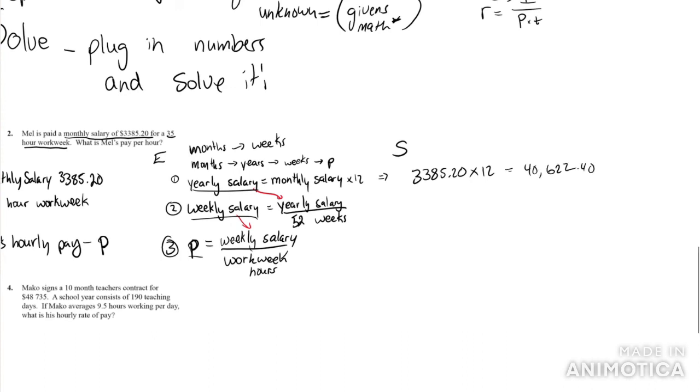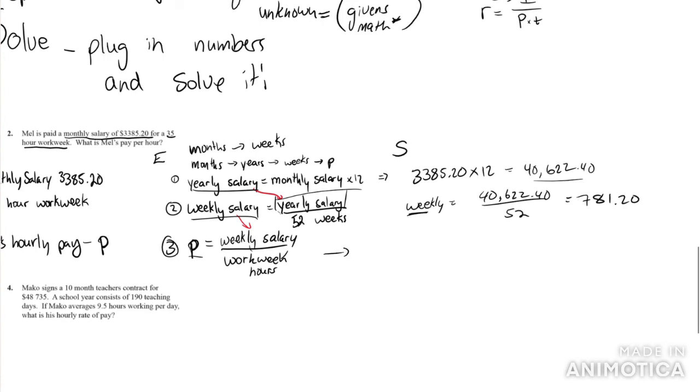So this is my yearly salary. So then I'm going to plug it into this equation. So I'll put weekly equals 40,622.40 divided by 52. And that's going to give me $781.20. So that's my weekly.